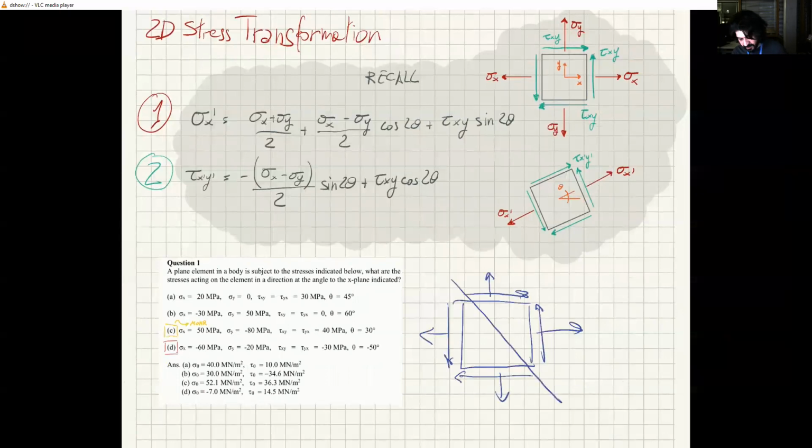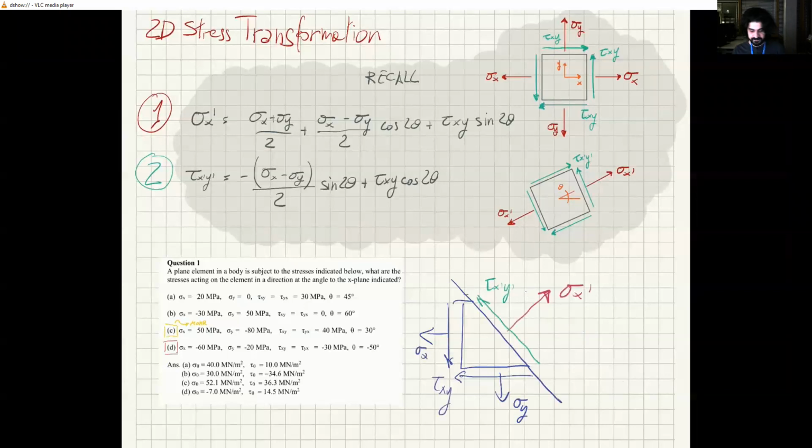You cut at a certain angle, and just do the cut and look left. All that is left here is a stress that must balance the original sigma y, sigma x and tau xy. This is a normal stress, normal to the cut. And you also have a parallel stress, which we call tau x prime y prime, parallel to the cut.